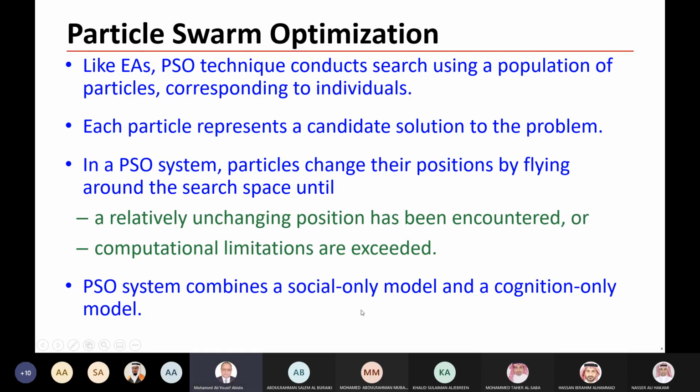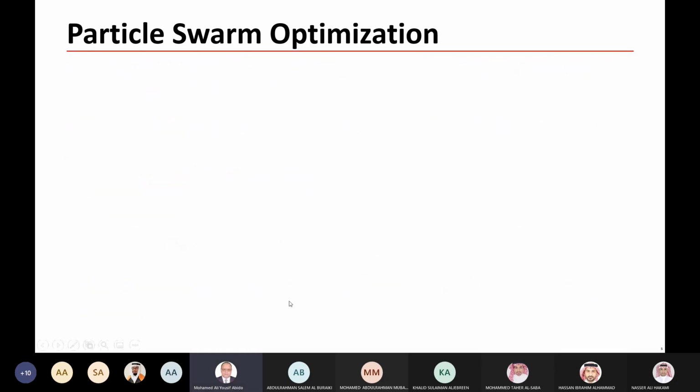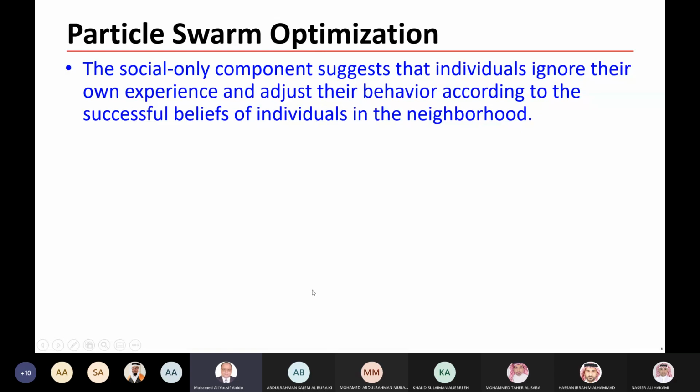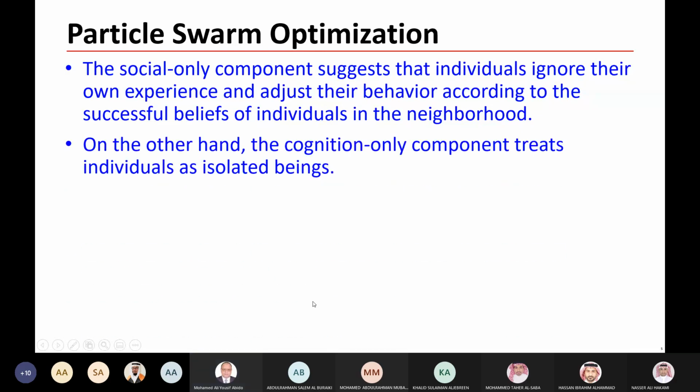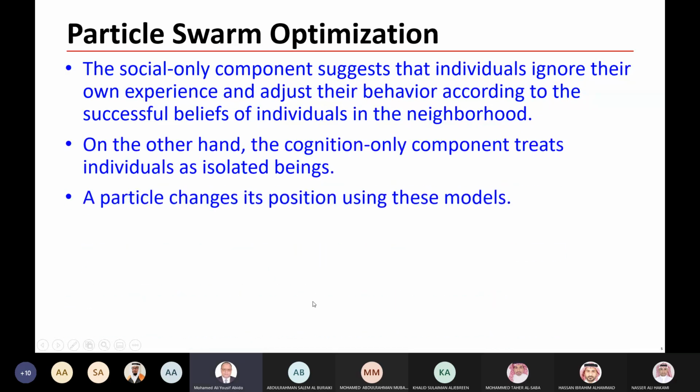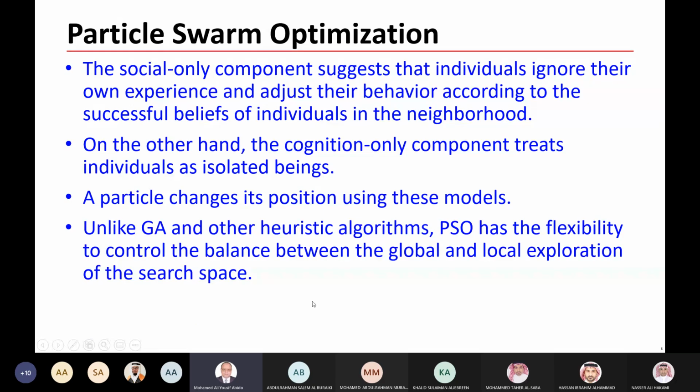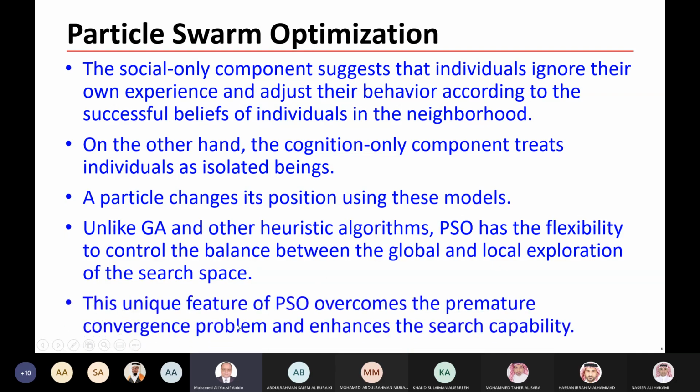The PSO system combines social and cognition parts, as we mentioned earlier. Unlike GA and the others, PSO has the flexibility to balance between global and local search. Local search or local exploration comes from learning from your own experience.